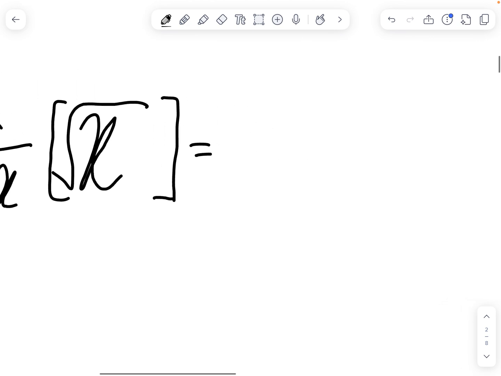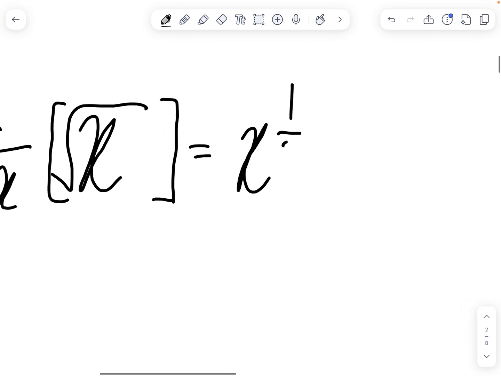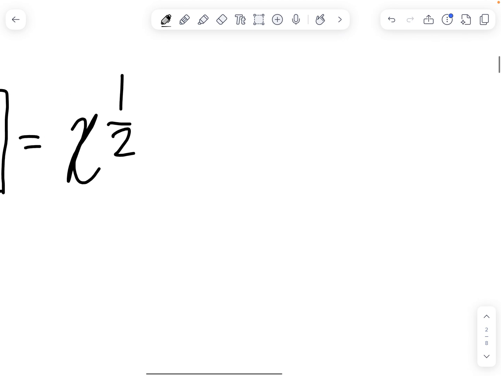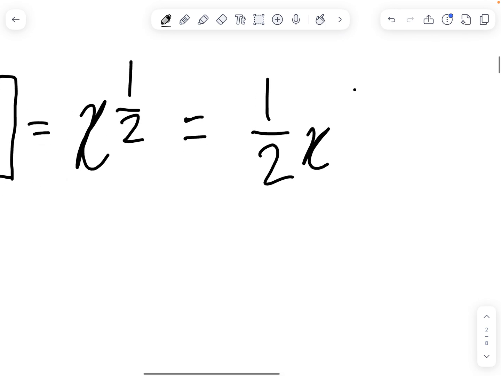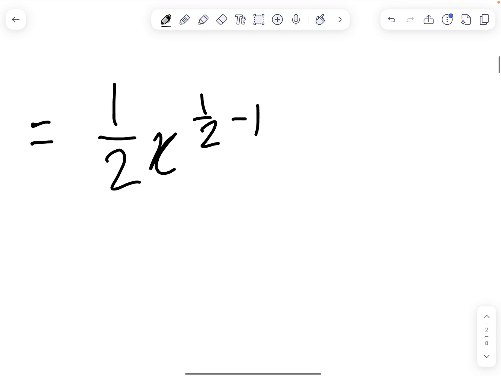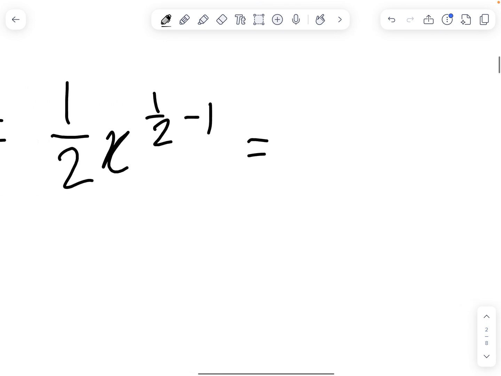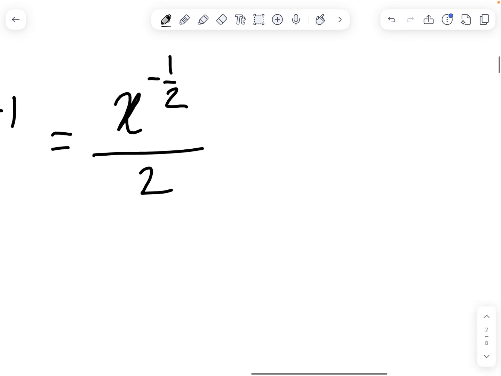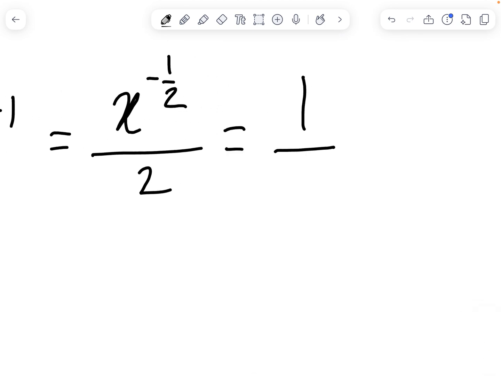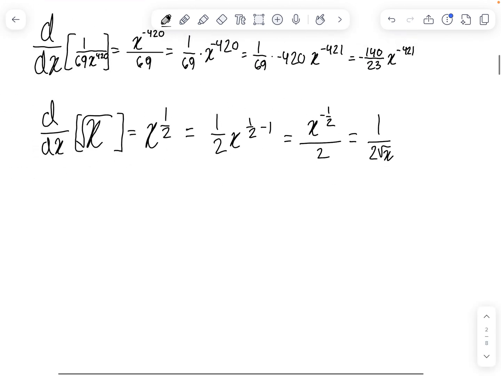So, for example, this gets changed to x to the power of 1/2, and then applying the power rule, we'd get 1/2 times x to the power of 1/2 minus 1. So x to the power of negative 1/2 over 2. So we get 1 over 2 root x. So yeah, that's one question.